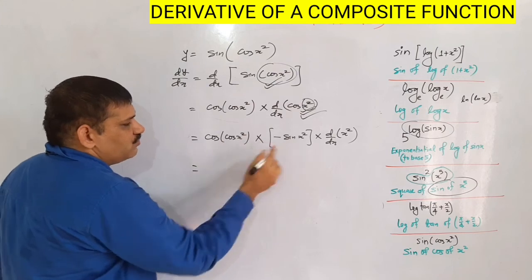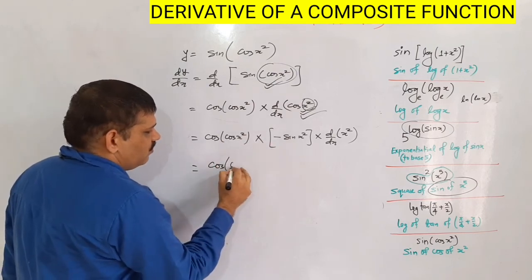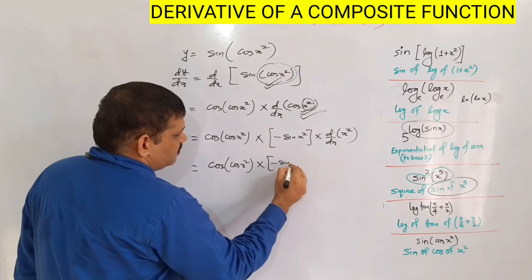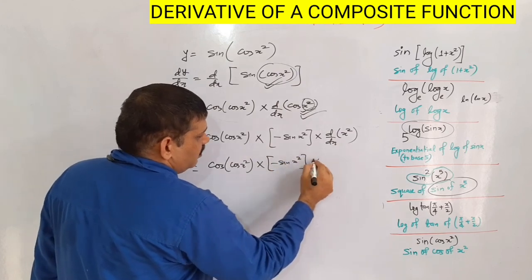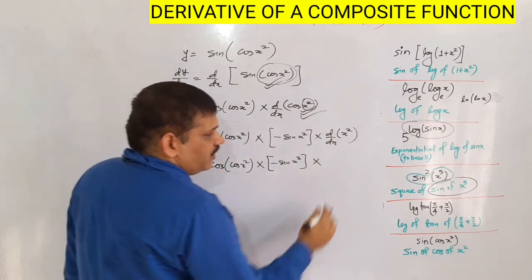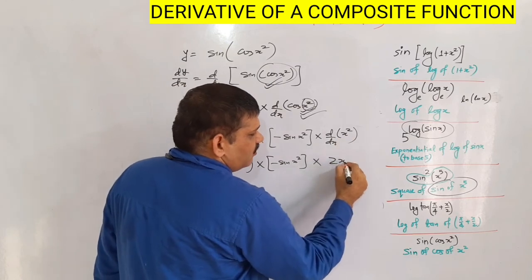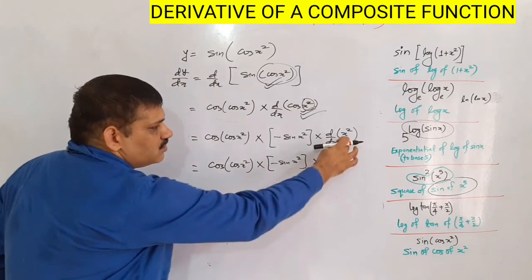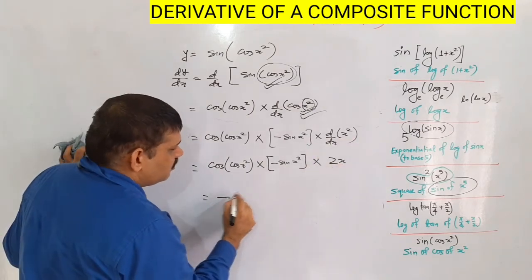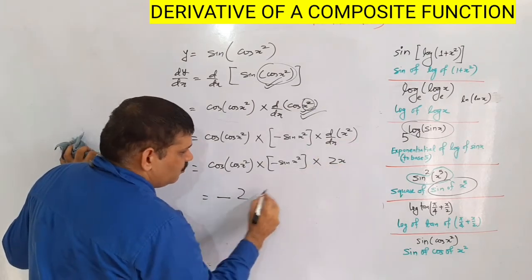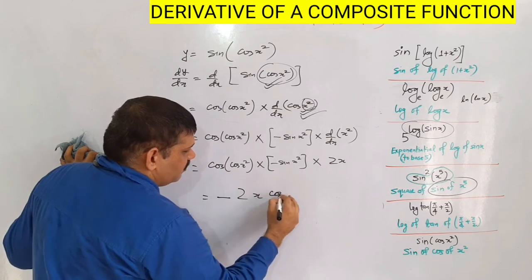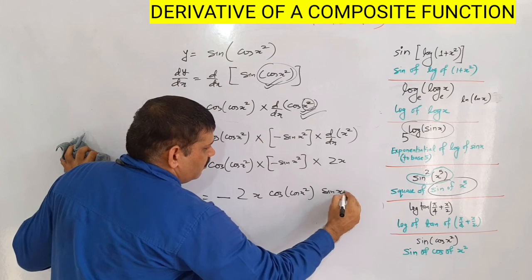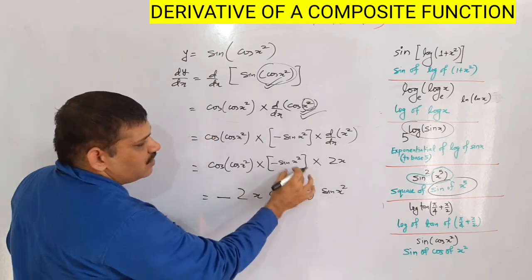Now these two will stay the same, so cos of cos x square into minus sine of x square into the derivative of x raised to n, which is n x raised to n minus 1. These two will stay the same. This is to be differentiated, so this gives 2x. Finally, the negative sign: minus 2x cos of cos x square and sine of x square.